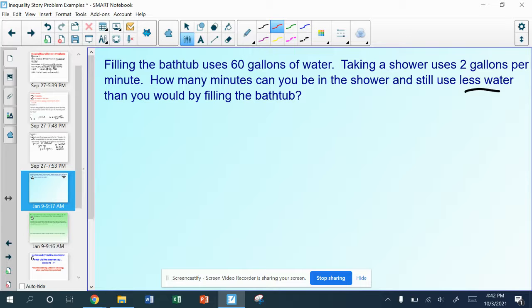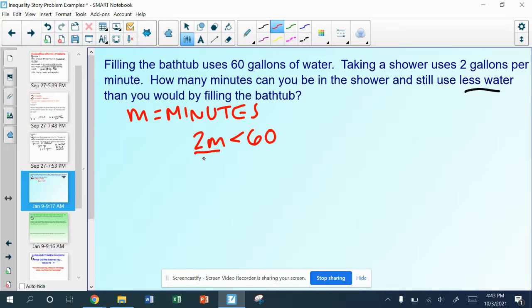So if M is going to be the minutes of your shower, then I would say 2 gallons for each minute has to be less than, not equal to, the 60 gallons for the bath.